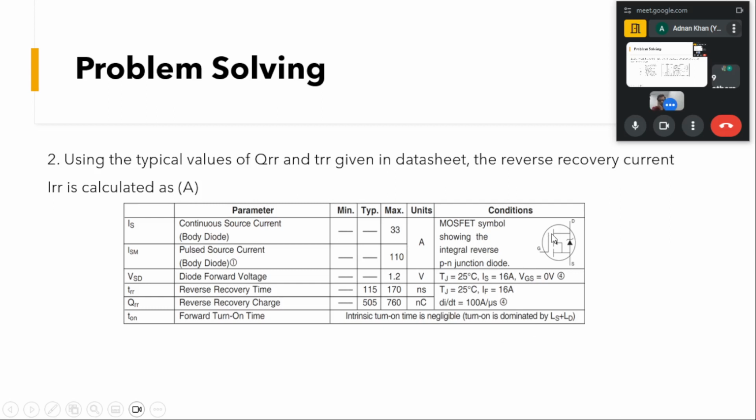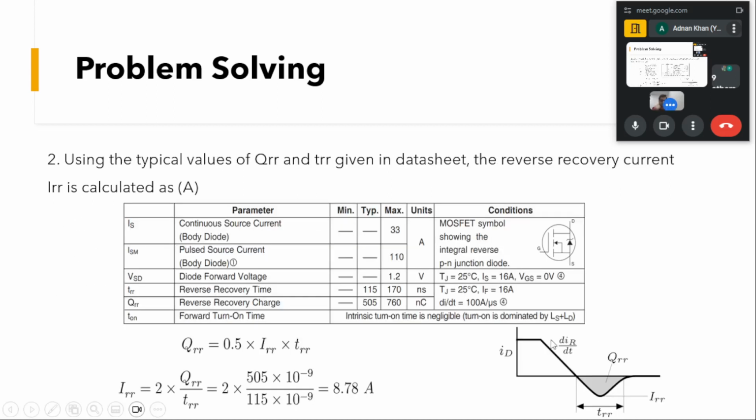If you remember how the reverse recovery graph looks, in this way, there is some current ID flowing initially, then when the device is turned off this goes to 0, and after that there is some reverse recovery, and then the current comes back to 0.